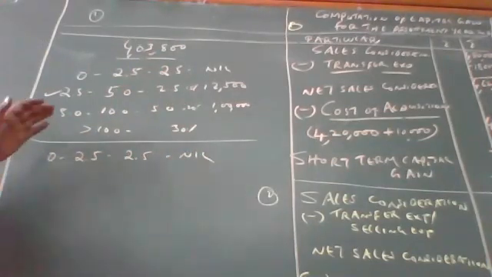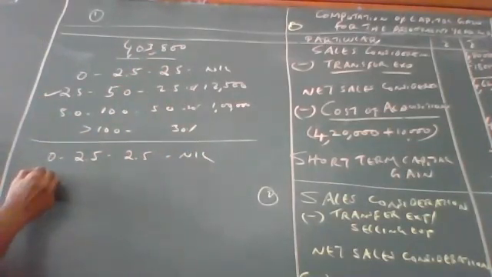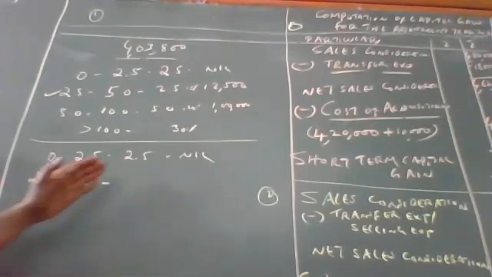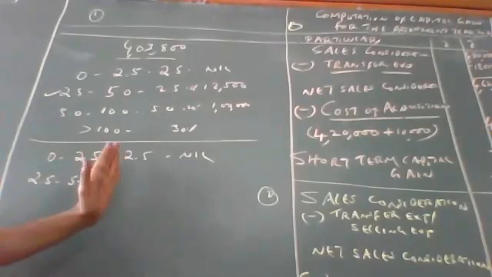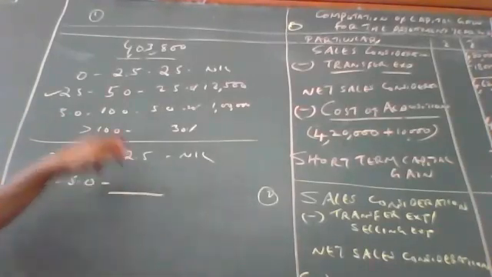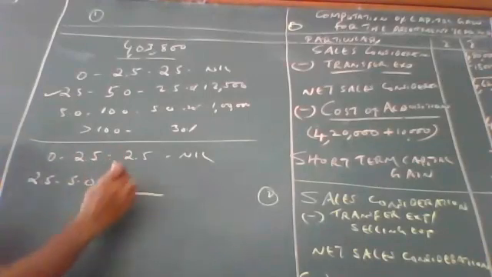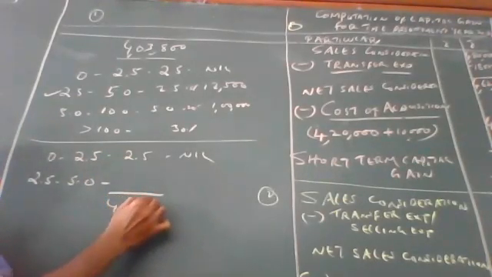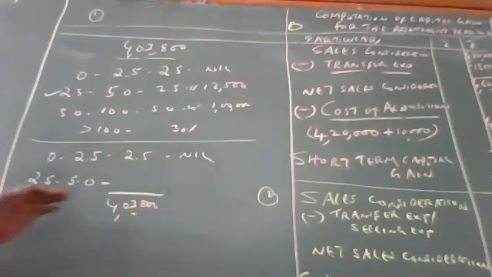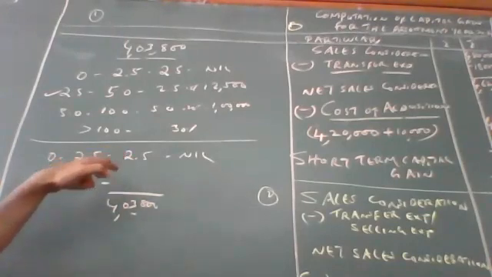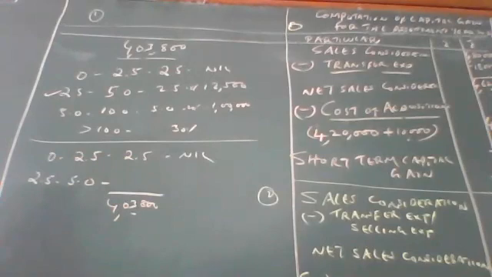Now 2.5 to 5: out of 4,03,800, you remove 2.5 lakhs. From 4,03,800, reduce 2.5 lakhs. How much is remaining?